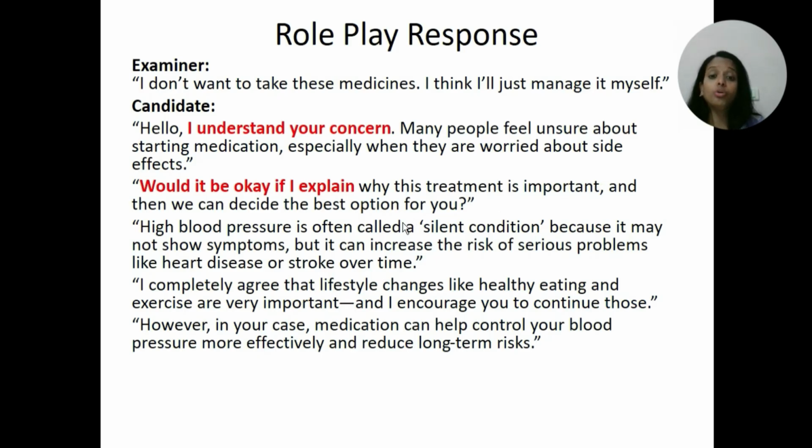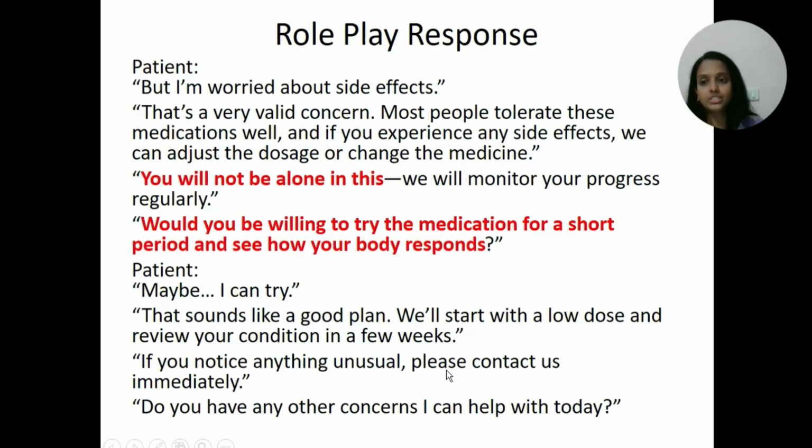High blood pressure is often called a silent condition because it may not show symptoms, but it can increase the risk of serious problems like heart disease or stroke over time. I completely agree that lifestyle changes like healthy eating and exercise are very important, and I encourage you to continue those. However, in your case, medication can help control your blood pressure more effectively and reduce long term risk.